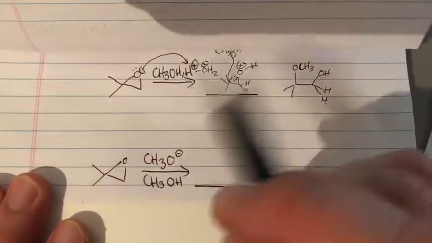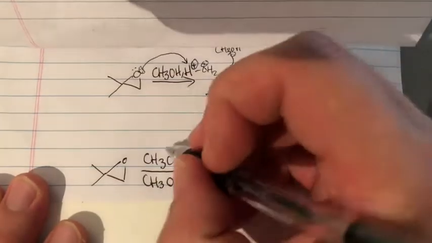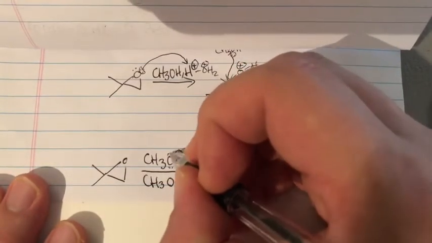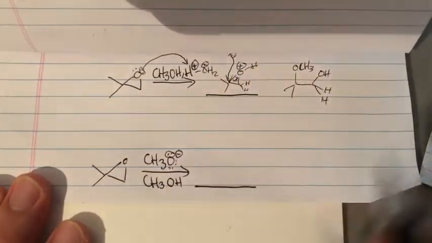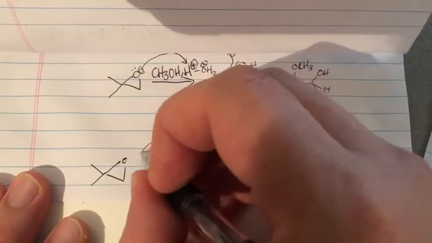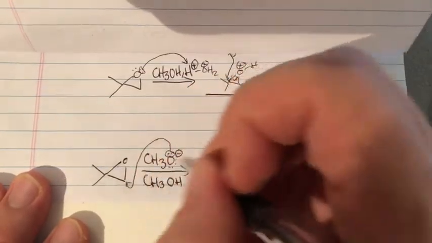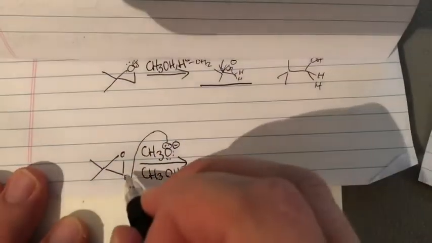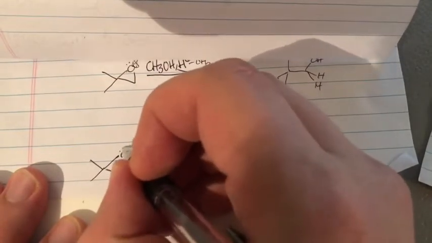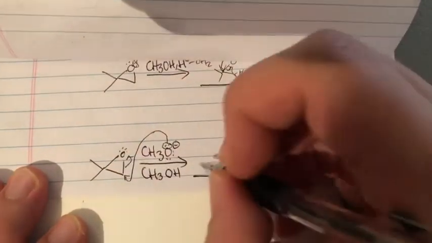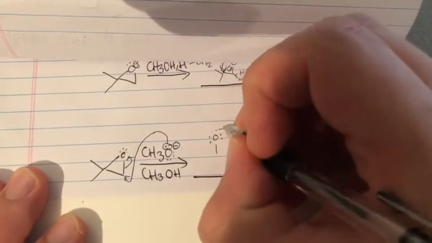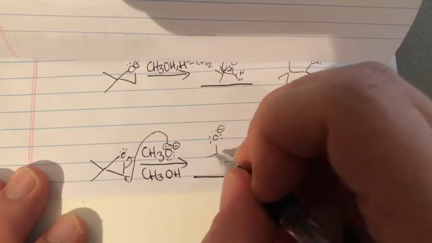And something similar is going to happen in the basic medium, but the reactivity is going to be different in terms of regiochemistry. So it's actually going to boot off the sigma bond to form this alkoxide.